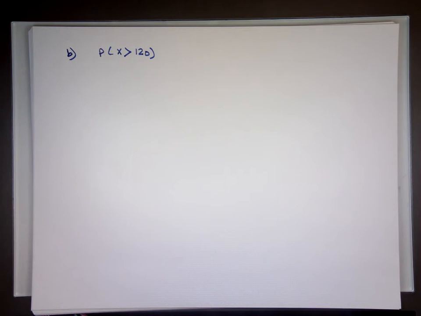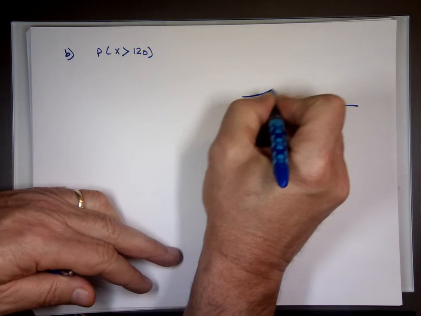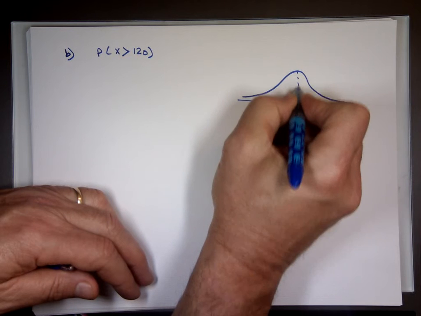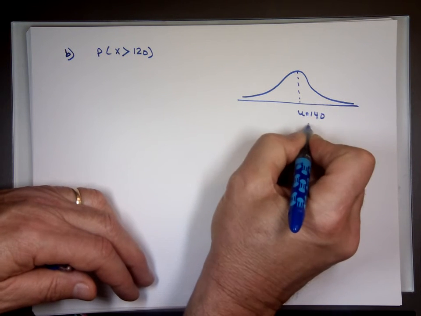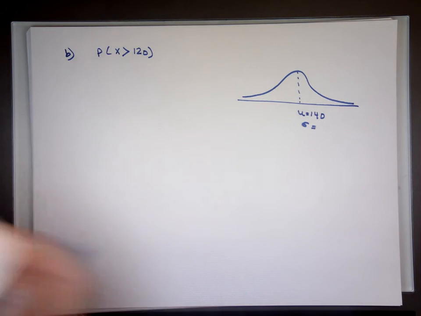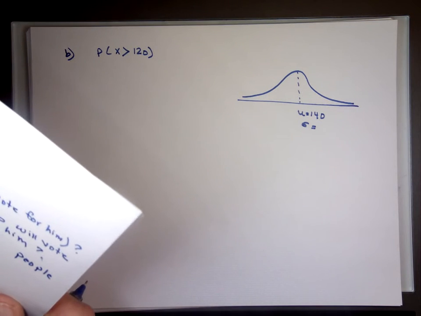We said this is normal distribution, so we can use the normal distribution. This is the average, which is 140, and the standard deviation sigma is 9.5394.